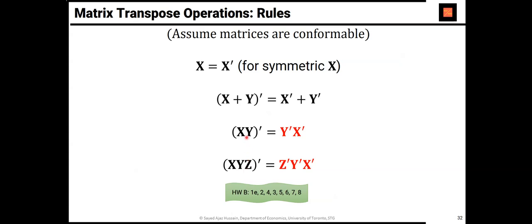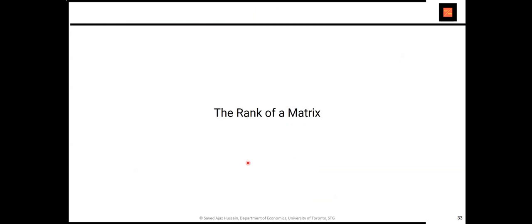To drive this point home, here's a transpose of three things multiplied. When you expand it, it's Z transpose multiplied by Y transpose multiplied by X transpose. Try doing this with four matrices, five. Try making groups of matrices in the middle. Try anything and make sure that you get this.